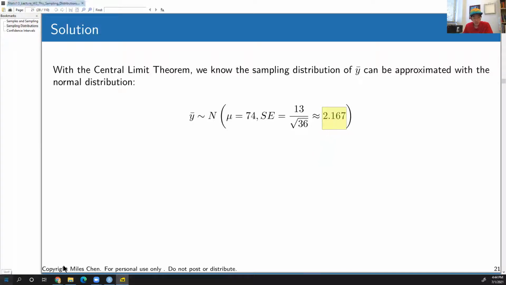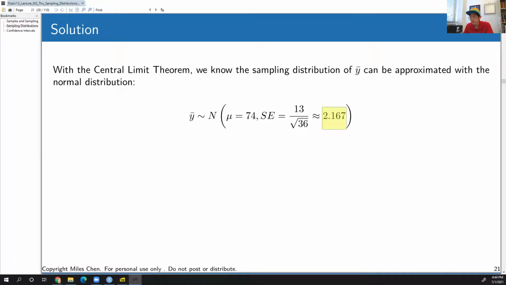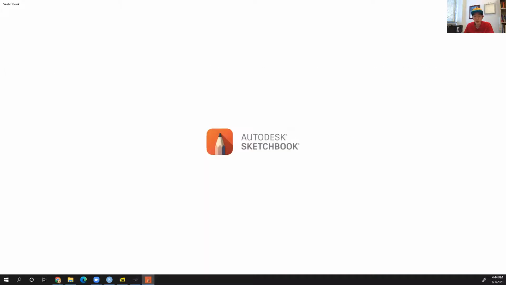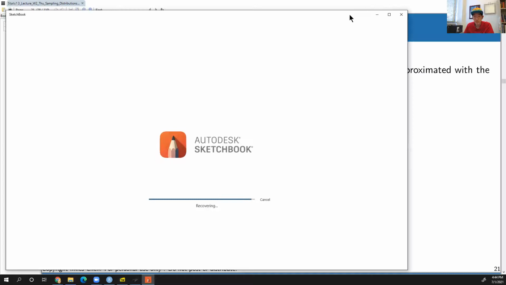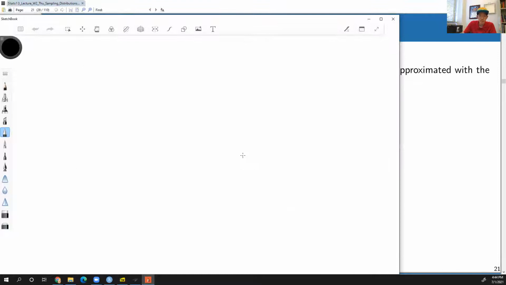So let me pull up my tablet here. And so this just becomes a regular normal distribution problem. All right, so we got 74 right here.